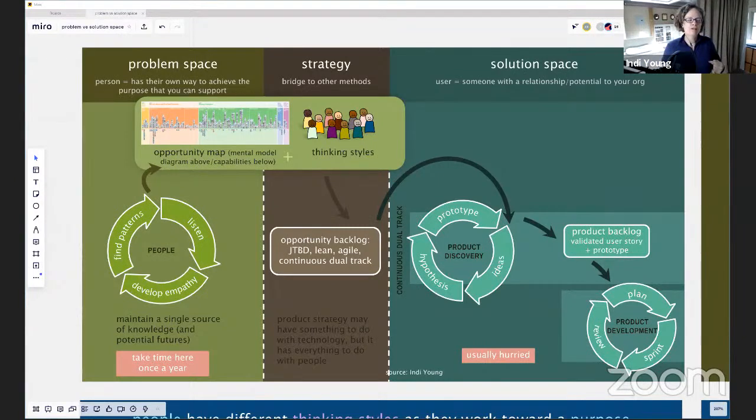So instead of talking about it as a domain, like tax preparation, I think of it from the person's point of view, which is the person's purpose.